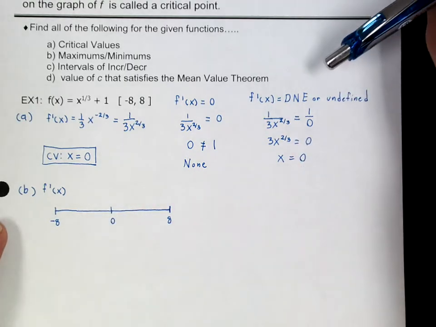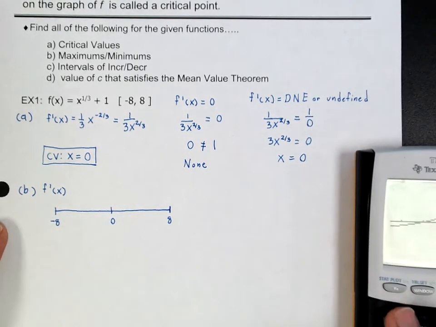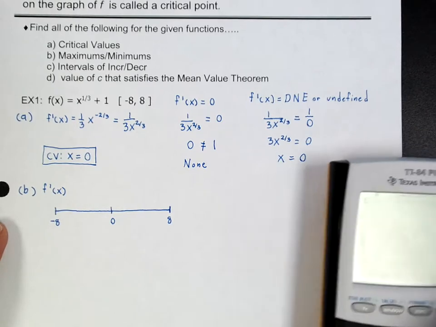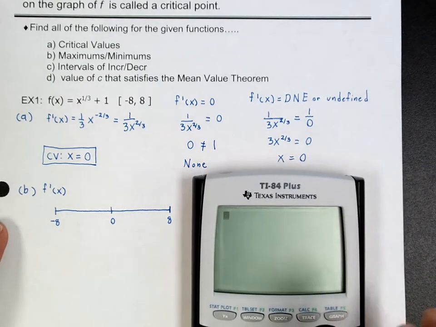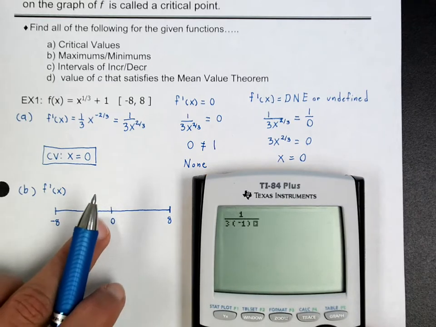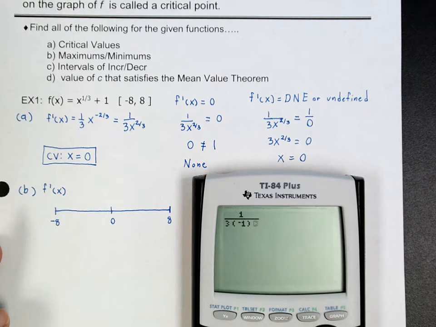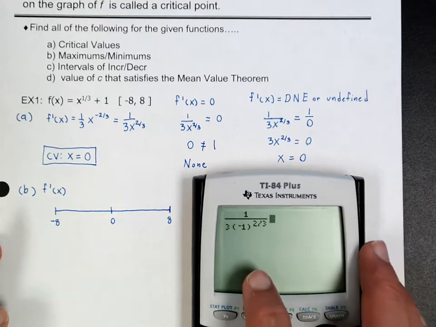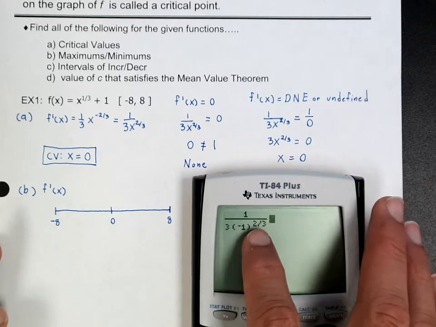Think about it. I don't necessarily recommend using a calculator, but I want to make sure you understand what I'm trying to say. If I plug in a -1, which is a number to the left of 0, and I raise that to the power of 2 divided by 3, I hope you don't need a calculator for this, but remember, if I have a -1 and I square it, I get a +1.